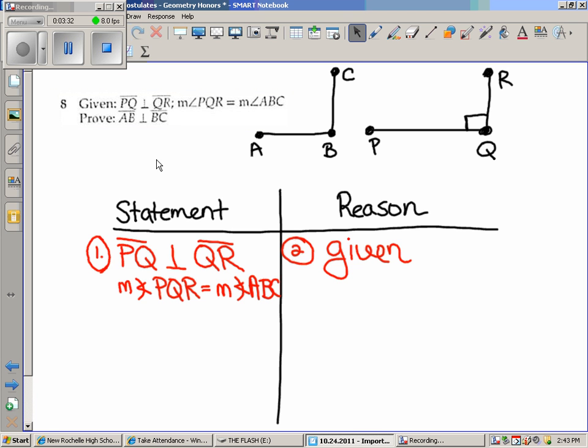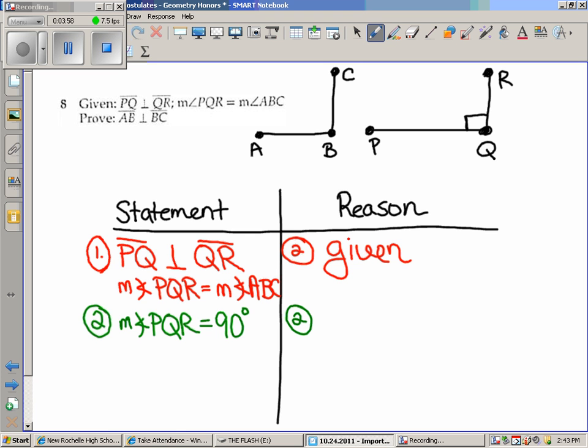Okay, so you know that number 2, the measure of angle PQR equals 90 degrees. How would you say in your own words how you knew that?